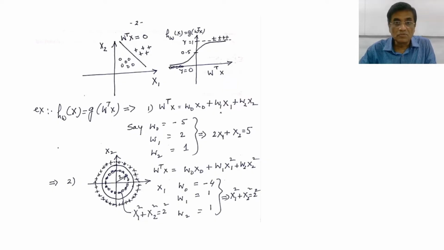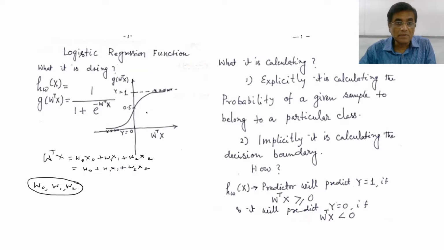So this is a quantity now, and you put it here, 1 by 1 plus e to the power something. This will be a value between 0 and 1.